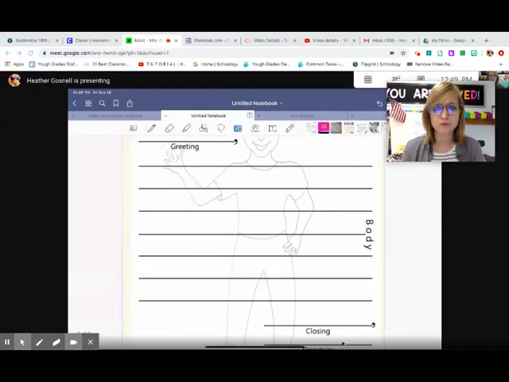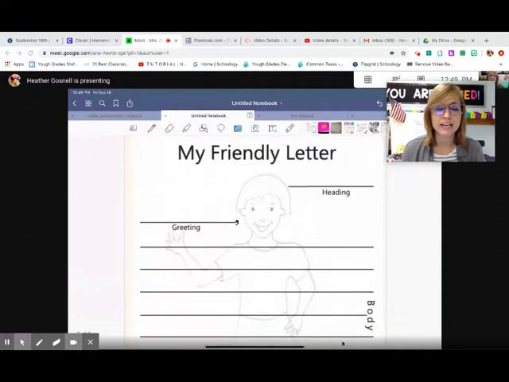So I was going to go over with you right now the parts of a friendly letter. There are 5 parts of a friendly letter.